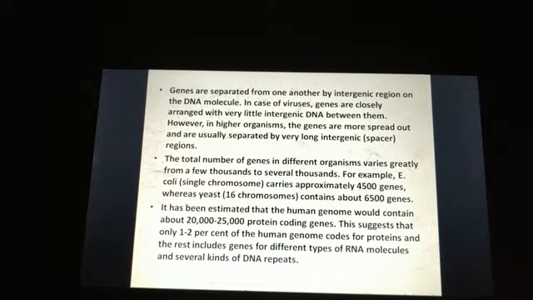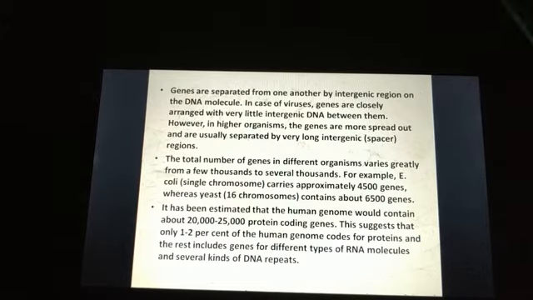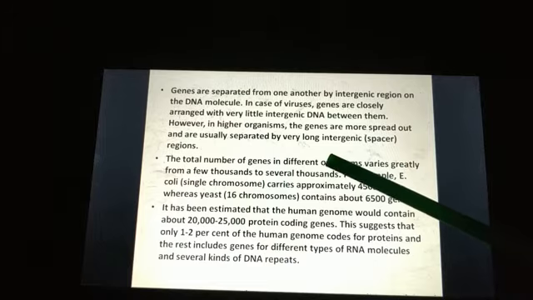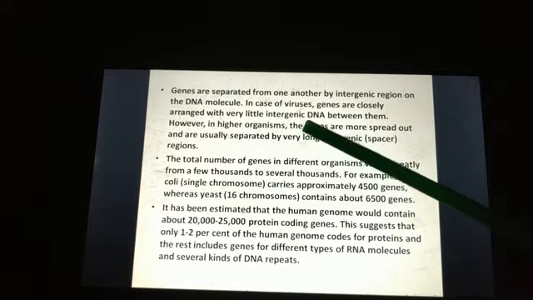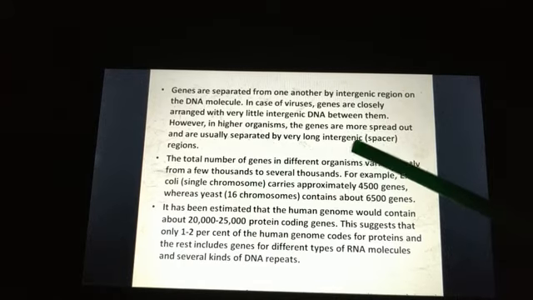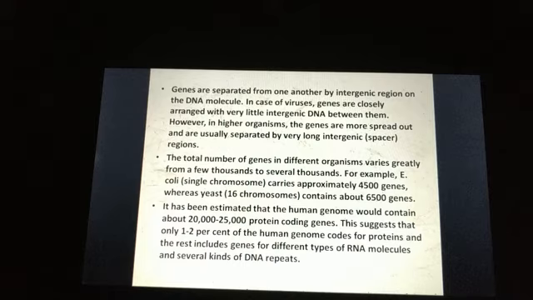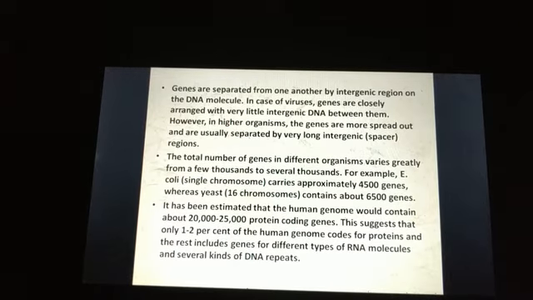But in higher organisms, the genes are more spread out and are usually separated by very long intergenic regions. So in higher organisms, the intergenic region is long. This intergenic region is also called a spacer. It is the gap, right? It is giving the space between one gene and the next.